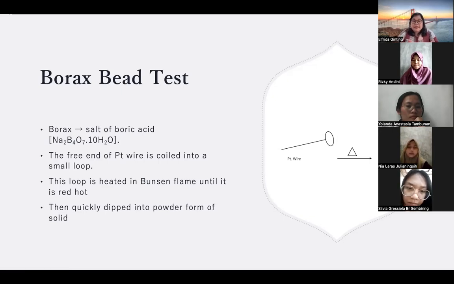So that's how you do the test. First you have a platinum wire that you make a loop like this, right? Then you heat it in the Bunsen flame until it changes color to red hot. And then you dip it into the powder that you want to test.